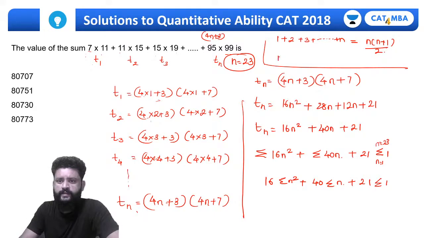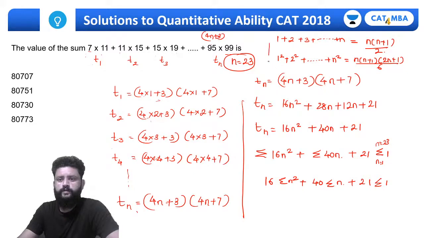If I want to add the squares, 1 square plus 2 square and so on, the summation formula is n into n plus 1 into 2n plus 1 divided by 6. These are the two formulas you should know to solve this question.